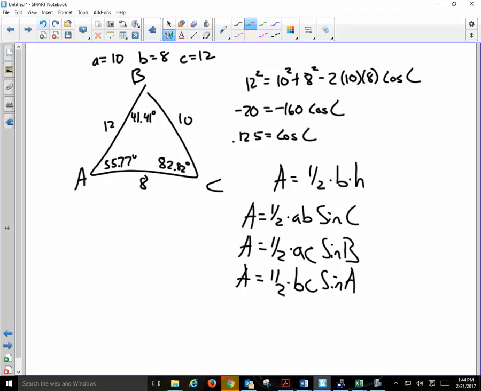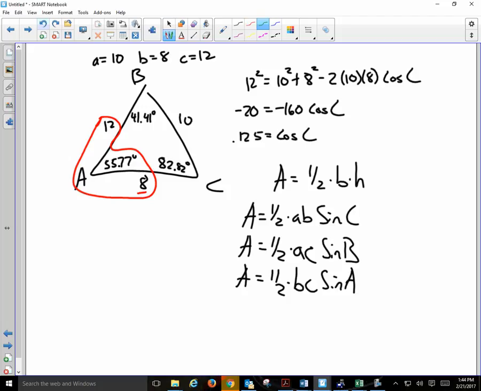I'll use this as an example. 1/2 times B, so B is right here, right? Times C, C is right here, times the sine of angle A. Angle A is right here. So if you have two sides and the included angle, then you can figure out the area. You just take 1/2 times 12 times 8 times the sine of that. See that? You guys do that.